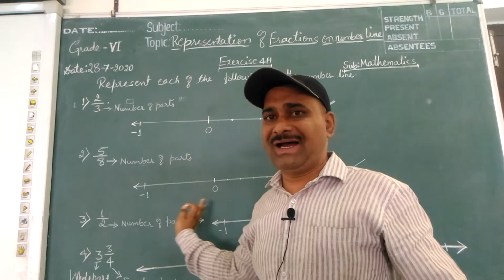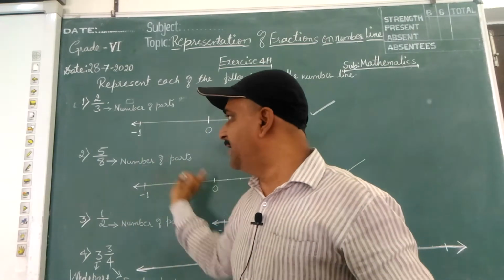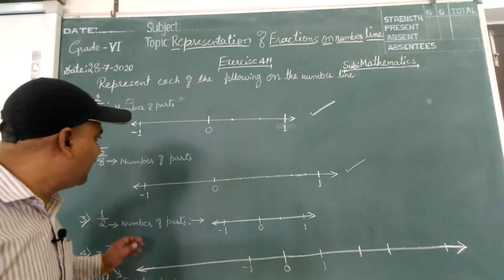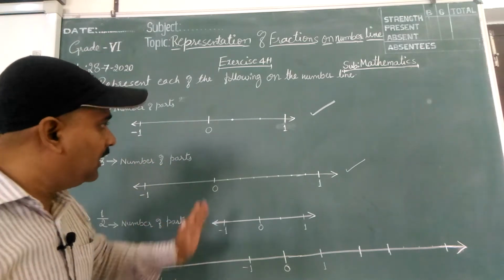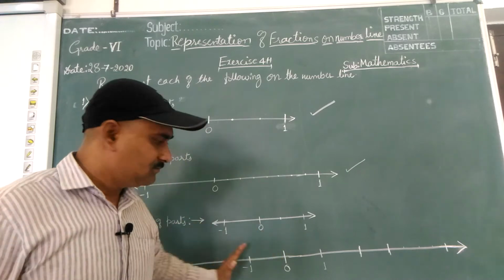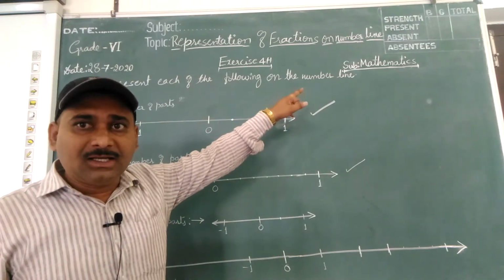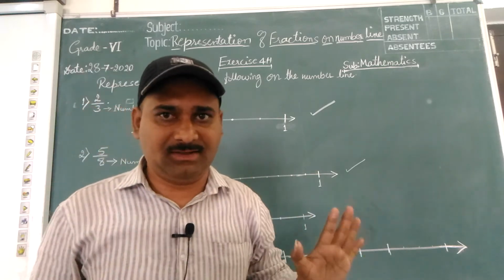Left side part you forget about, because this is the negative part. No negative fractions are given till now, so we should not worry about the left side part. We are working only on the right side now. But they said to show it on the number line. In the number line, negative numbers will also be present. That's why we should show the negative part. But in the negative part, we are not doing anything.